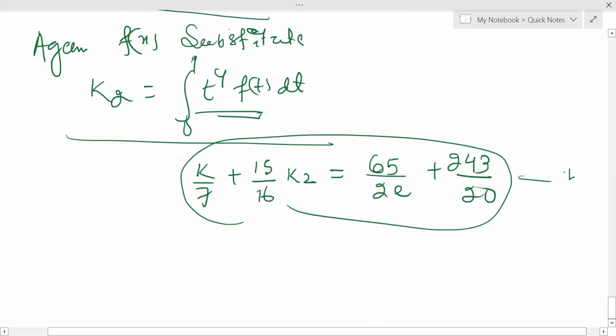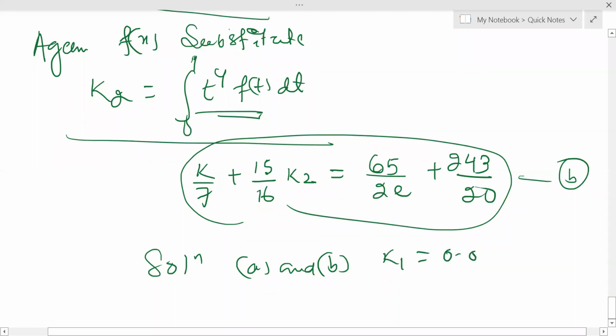ये दोनों को हम जब सॉल्व कर देते हैं, solution of A and B, हमको k1 का वैल्यू मिल जाएगा, k2 का वैल्यू मिल जाएगा, and that becomes k1 is equal to 0.2522 and k2 is equal to 0.1685.